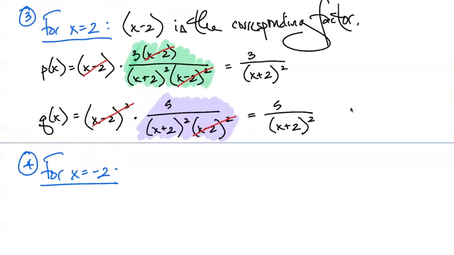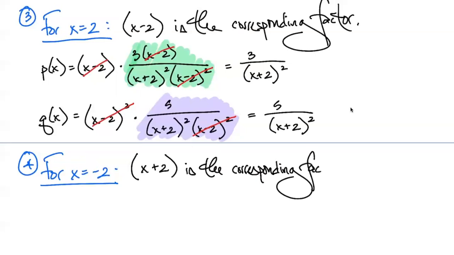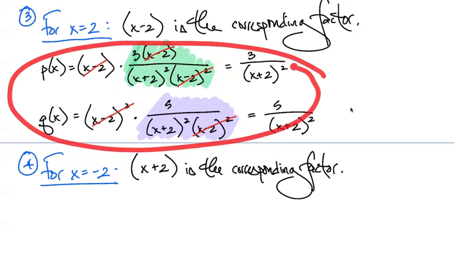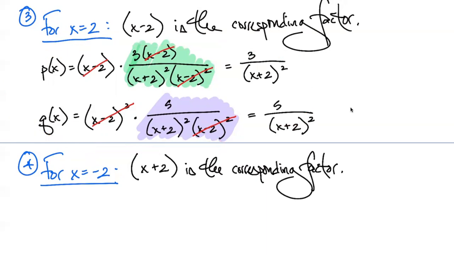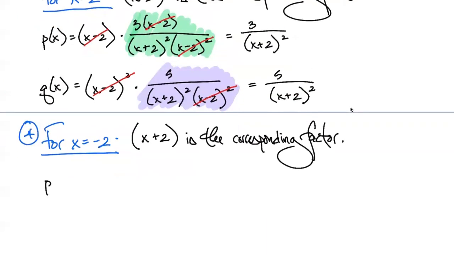So for x equals negative 2, the factor that goes with that is x plus 2. And so if we set up our same idea of little p of x and little q of x, this time we're not going to multiply the green and the purple by x minus 2, but we're going to multiply by x plus 2.